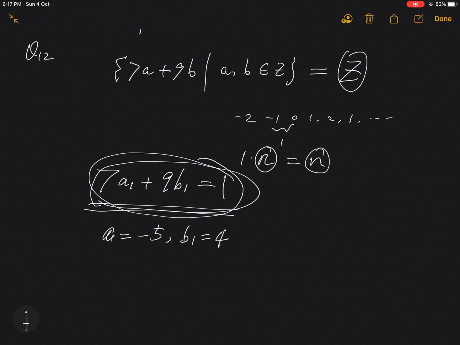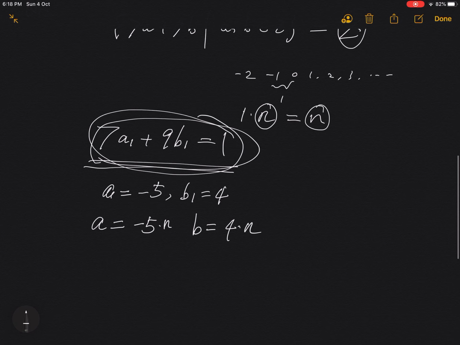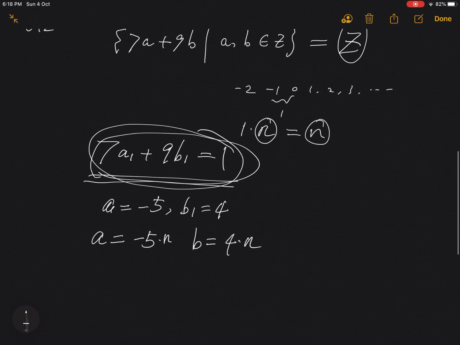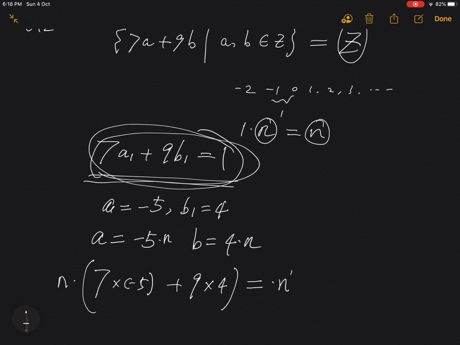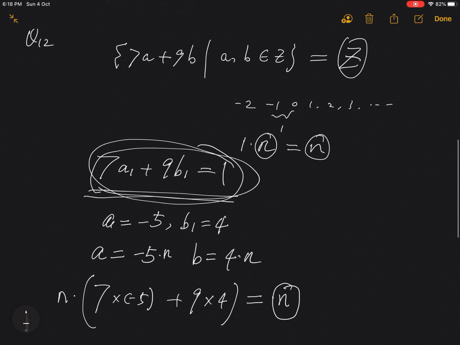What if a equals minus 5 times n, b equals 4 times n, and then we will have 7 times minus 5 plus 9 times 4, that's n. Okay, n here can represent all integers. So this equality holds.